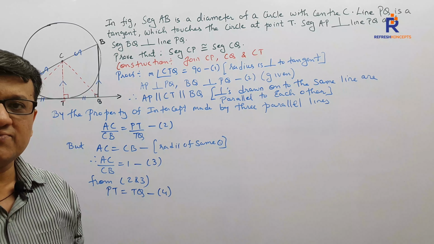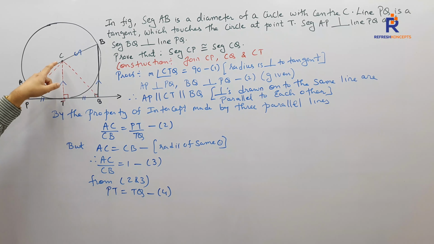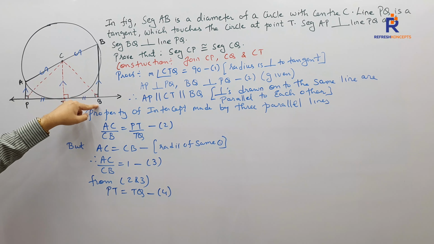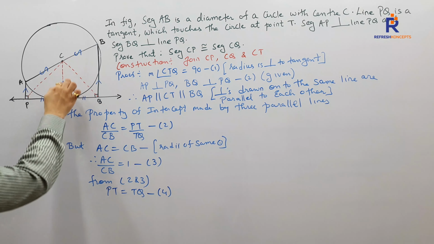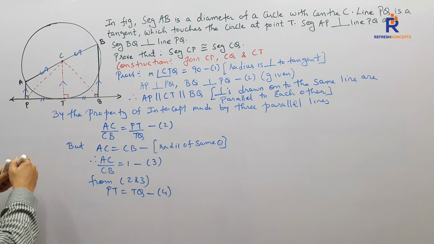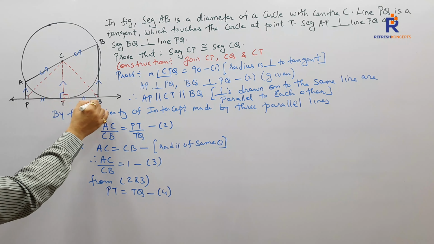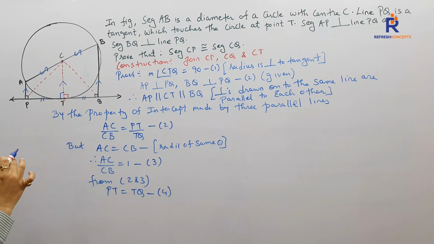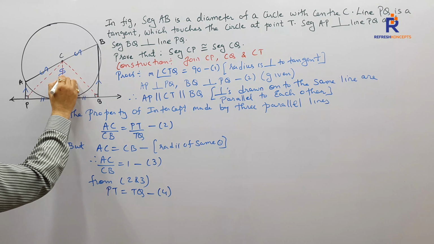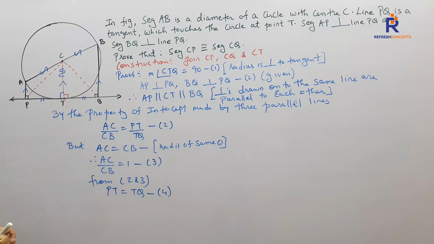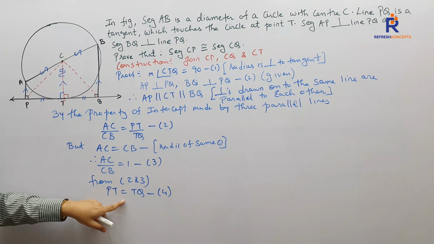Which are the two triangles we are looking out for? In triangle CTP and triangle CTQ, can I say angle CTP congruent to angle CTQ? Why? Each is 90. Can I say CT congruent to CT, common side? Can I say PT congruent to TQ? Just now we proved.